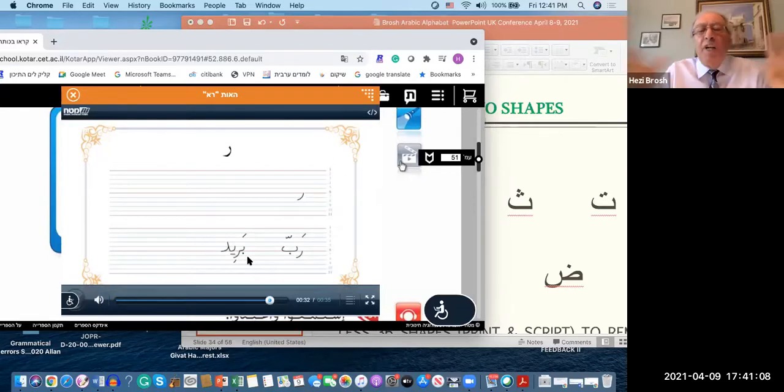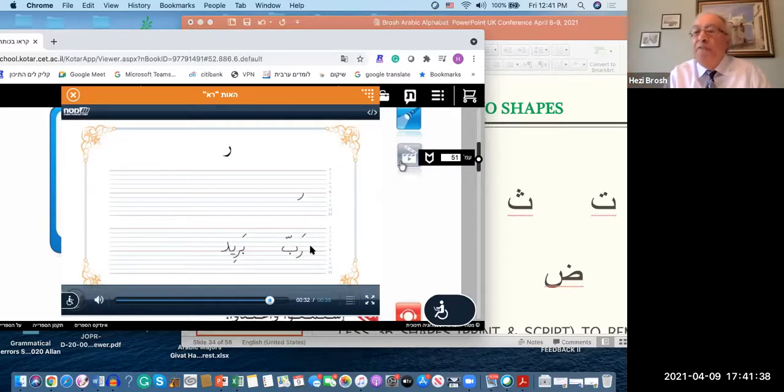If you ignore the lines, this is the correct connection between ba and ra. If you write it on a blank page, that's the connection that you should do when you write ba and ra. In some books, I saw that the ra starts on line 5 and goes down to line 6. Once you teach the ra starting here, then you create a problem for the students.